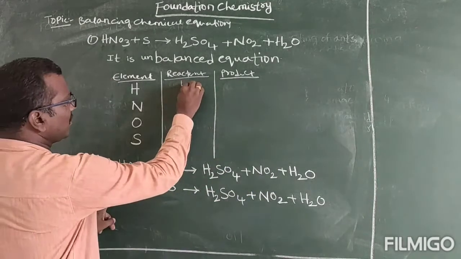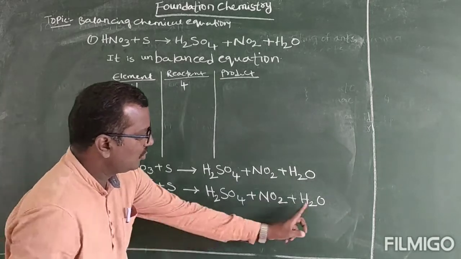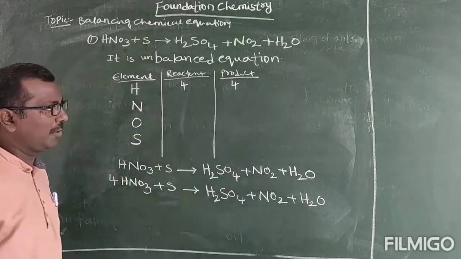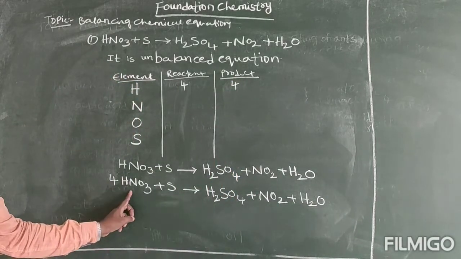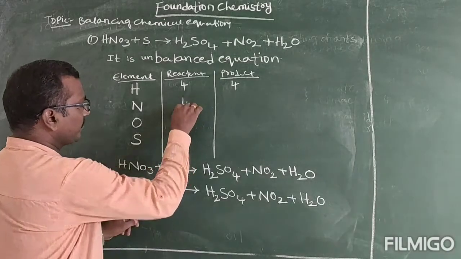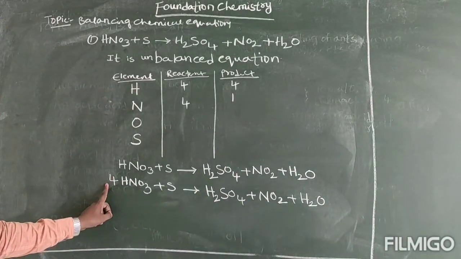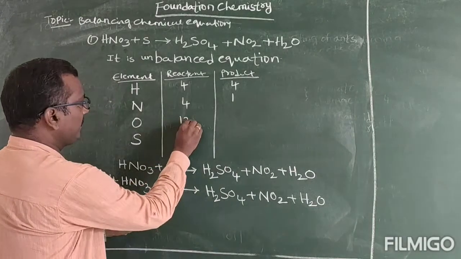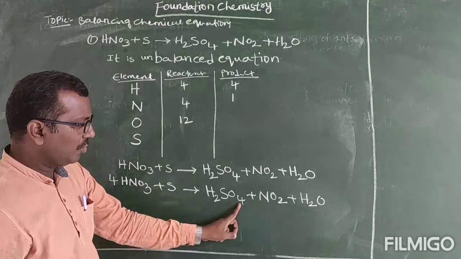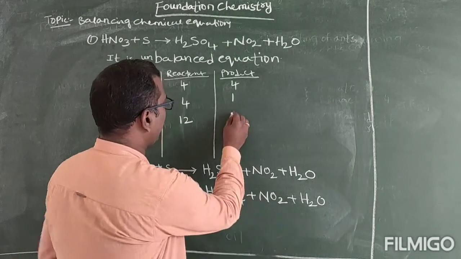4 hydrogens on reactant side and 4 hydrogens on product side. Nitrogens here 4 but here 1. Oxygens 4 3s are 12, and here 4 plus 2 is 6, plus 1 is 7.